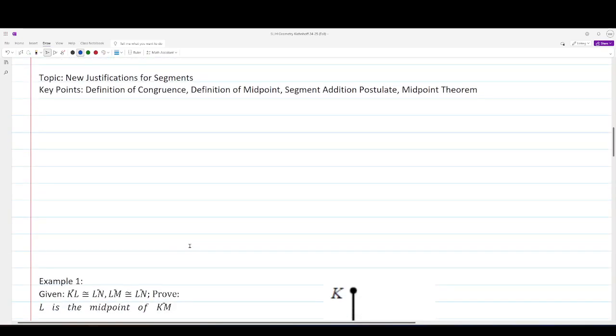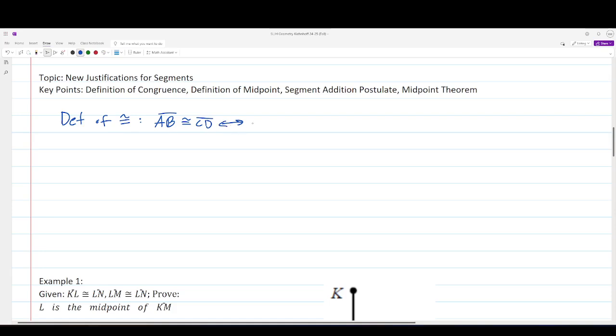All right, new things for segments. So these are definitions, postulates, and theorems. Those were our properties up above. Now we're going to move into definitions. So definition of congruent segments, or simply definition of congruence, says that if two segments are congruent, so if AB is congruent to CD, then if and only if, so we have a biconditional, because definitions should always be biconditional.